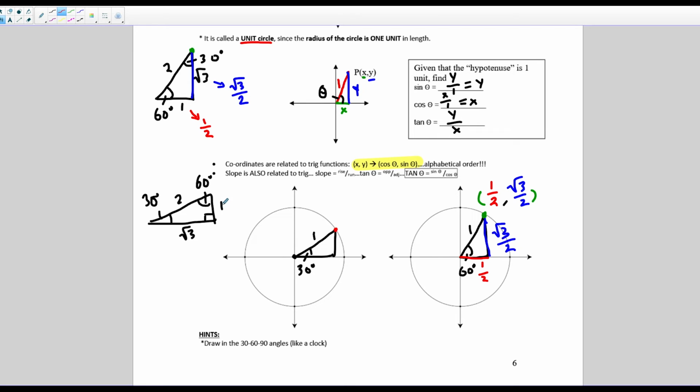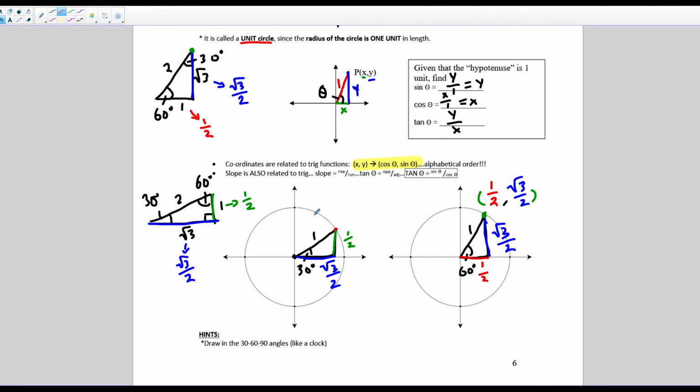I'm going to take this 1 here on this side, and now this 1 becomes 1/2 in this triangle. This root 3 becomes root 3 over 2. So this blue side is square root 3 over 2.